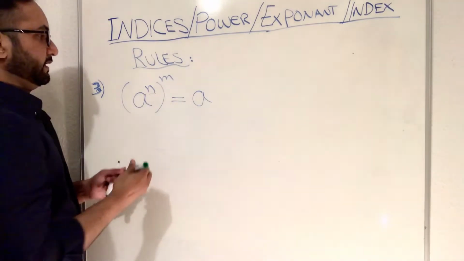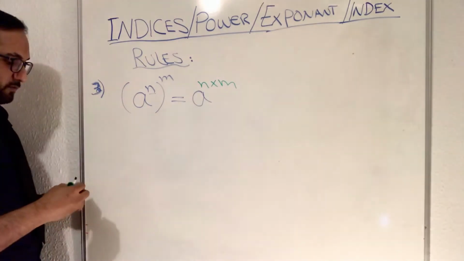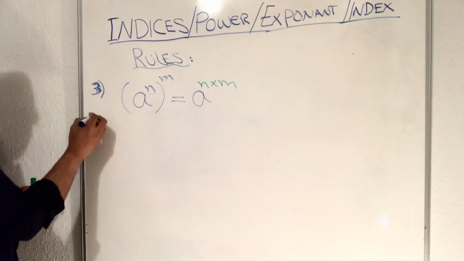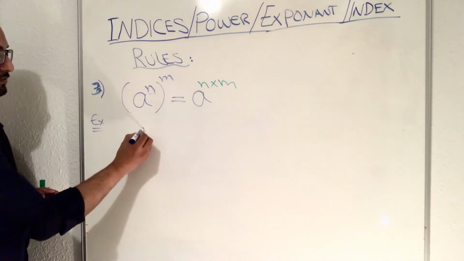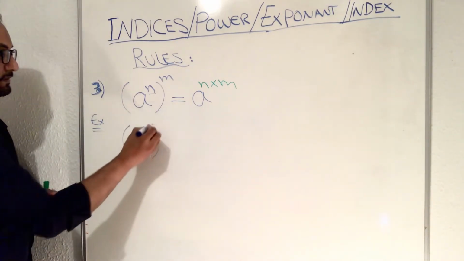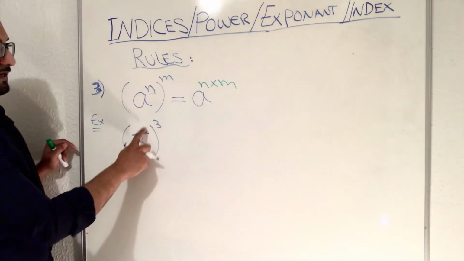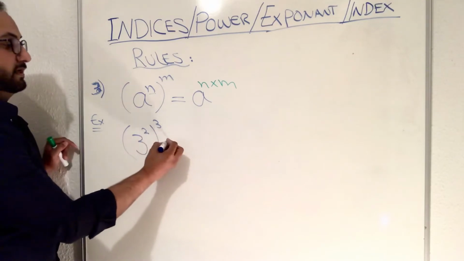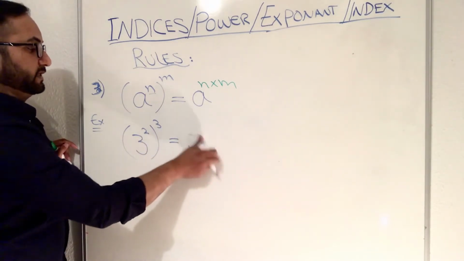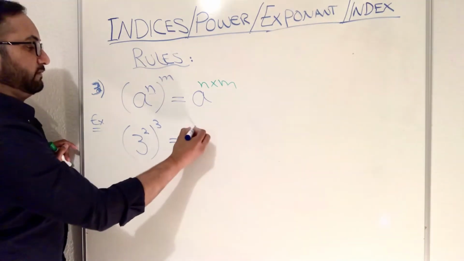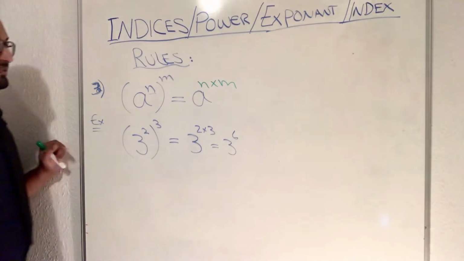We can write this as a power n times m. This is the rule. Example: 3 squared and the whole has a power 3. So 3 power 2 times 3 becomes 3 power 6. This is the answer.